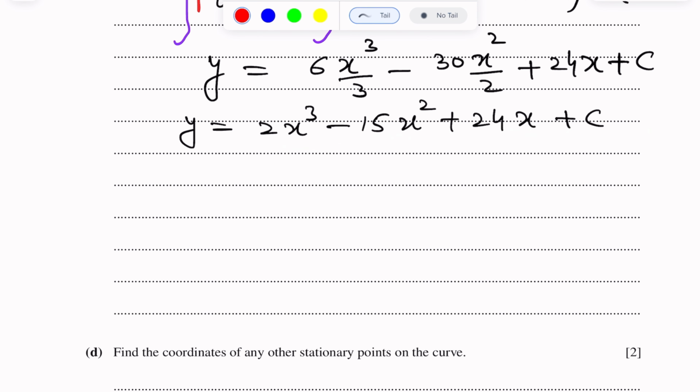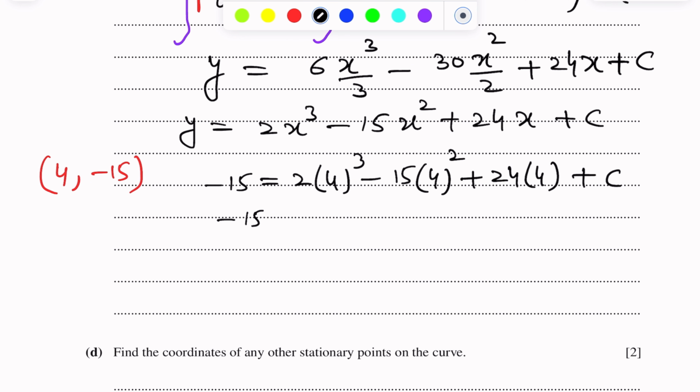So -15 is equal to 2 into 4³ minus 15 into 4² plus 24 into 4 plus c. Simplifying, we get -15 is equal to 128 minus 240 plus 96 plus c. So we get the value of c from here, that is 1.